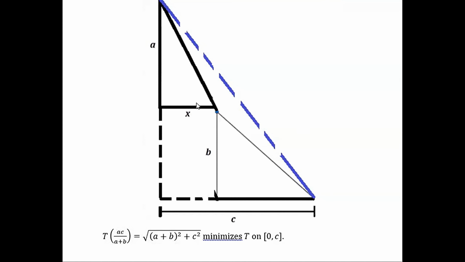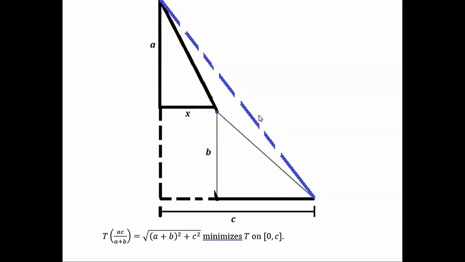What else? What we have here, that would be the square root of a squared plus x squared, whatever the value of x is within that closed interval 0 to c. And what we have here, this would be the hypotenuse of this right triangle: take b squared plus the quantity c minus x squared, add those two together, take the square root of that, and you get the length of that hypotenuse for whatever the value of x is within the closed interval from 0 to c.